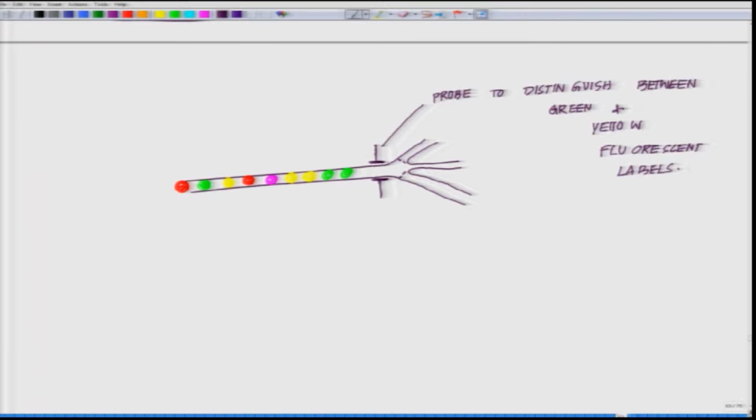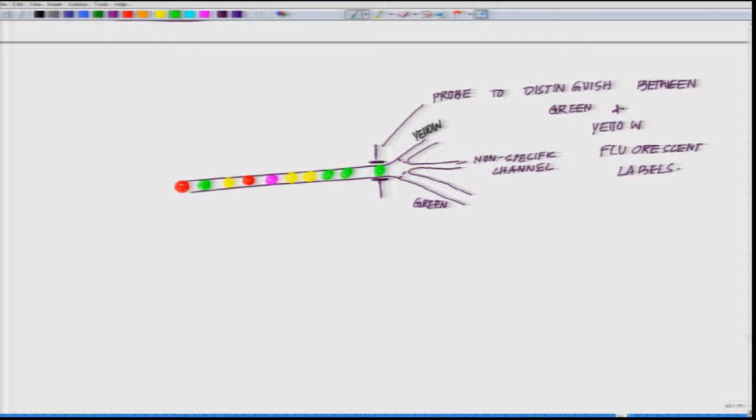So we now have two channels. This one I call the yellow channel, and there is another which I call the green channel, because this is what I am going to separate out, and this is a non-specific channel. Now, say a green cell approaches here.